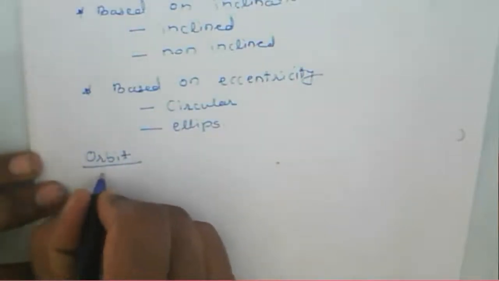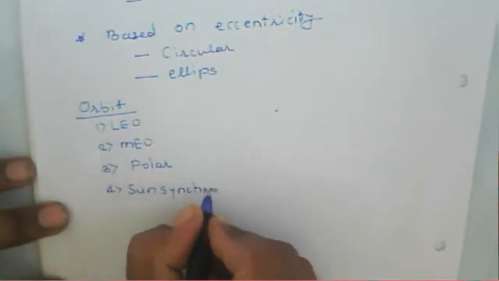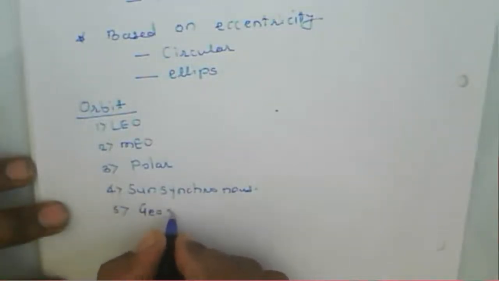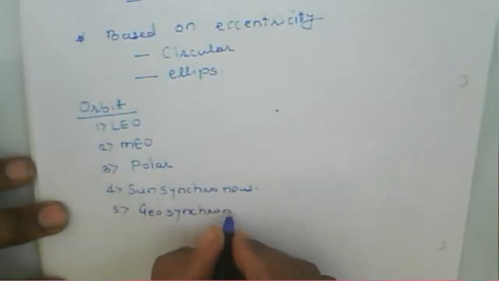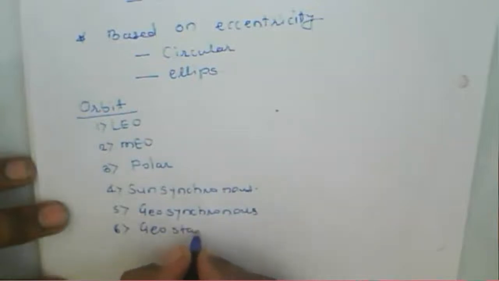So, some common orbits are the LEO orbit, then the MEO orbit, then the polar orbit, then the sun synchronous orbit, then the geosynchronous orbit, and the geostationary orbit.